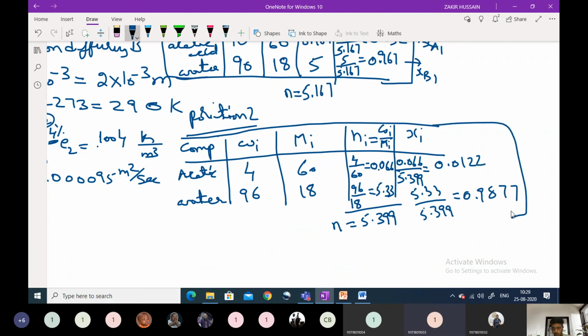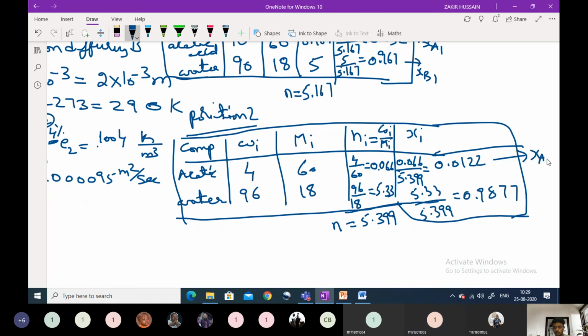So this is XA2, this is XB2. We already obtained these. Now we have to calculate rho by M average. The same procedure we have to apply.